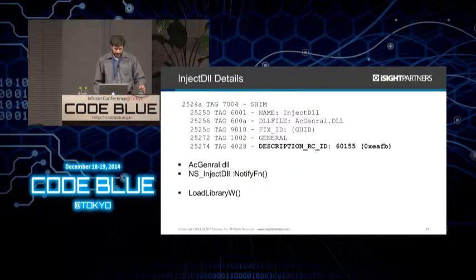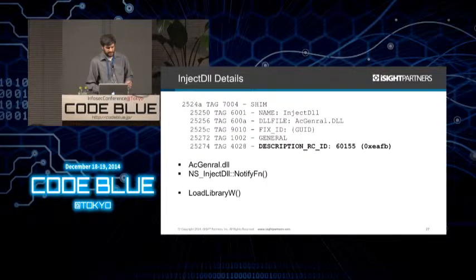To figure out how these shims work, how they're implemented: underneath the name InjectDll is the DLL file, acgenral.dll. If you bring that into IDA, you can go look for this NS_InjectDll NotifyFn method.